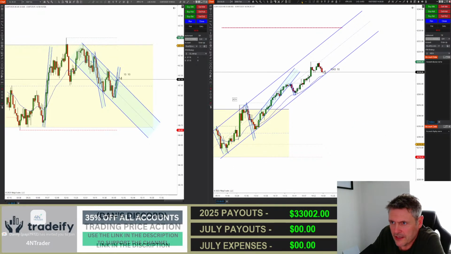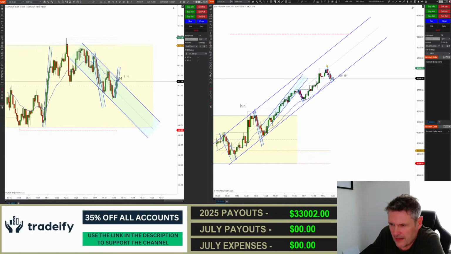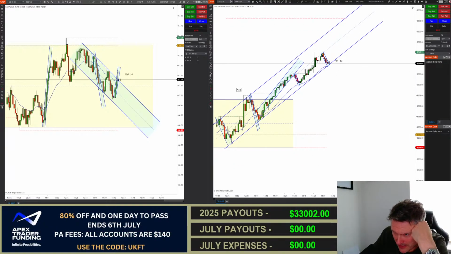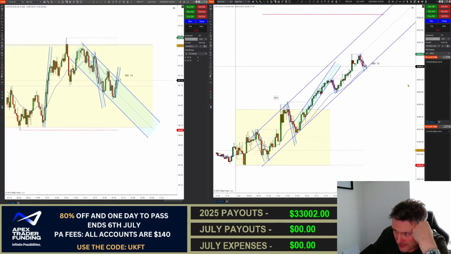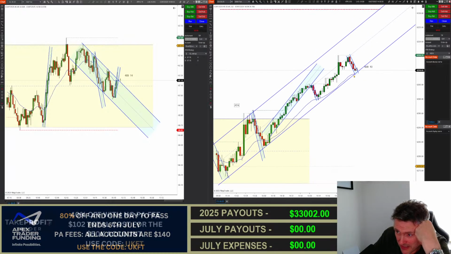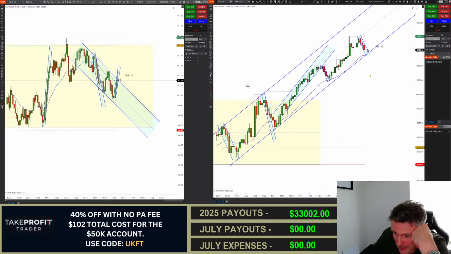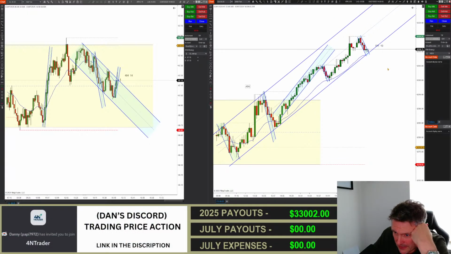Okay, let's just look at this. So the trouble is, we had the same there and it just took off. Trouble is, you can't enter there. Now, if you're a pullback trader and you just buy as soon as this thing touches the EMA, it's not a bad strategy. As soon as that touched the EMA there, if you bought there, it worked beautifully. But I don't do things that way.